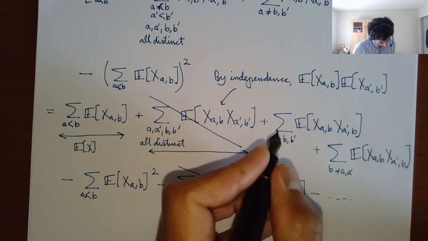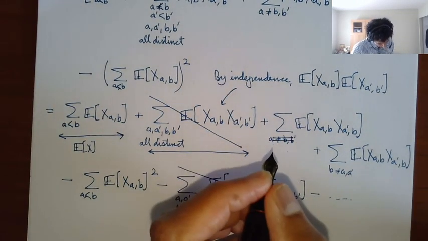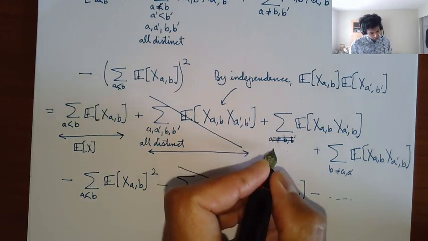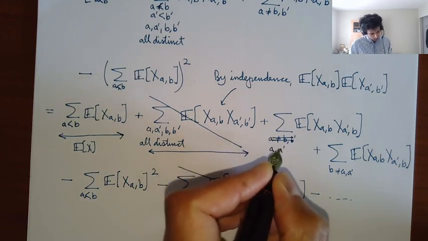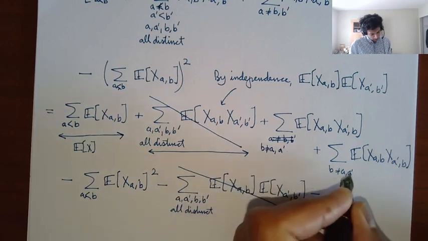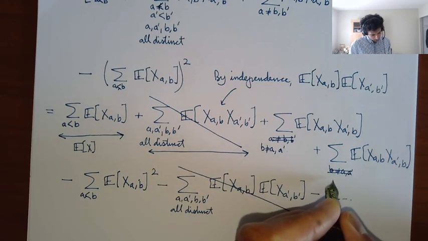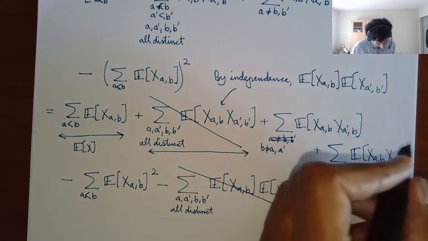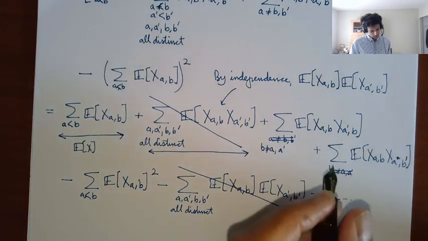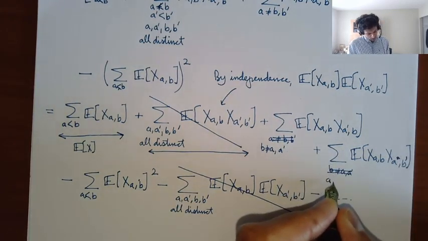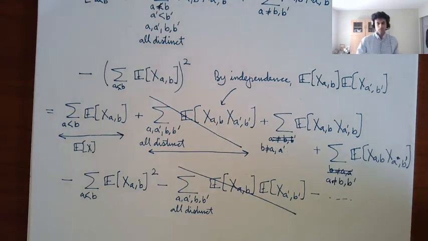I think I've fudged my indices here. This should actually be A prime, B not equal to A prime, and this should be A not equal to B prime. I've written the same thing here. Sorry, mistaken indices.